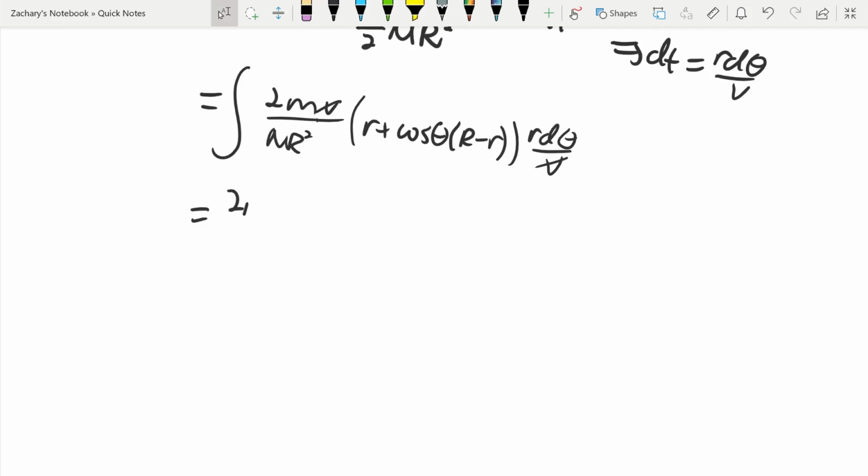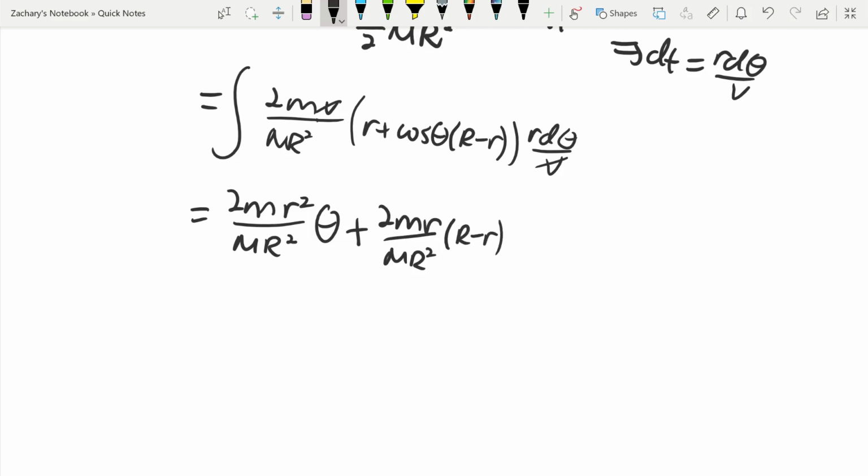So this would be 2m r squared over M R squared, which is the constant part, and when we integrate d theta, it just becomes theta. Then plus 2m r over M R squared times (R minus r), the constant part of the second term involving cosine theta, and when we integrate cosine theta d theta, that's just sine theta.